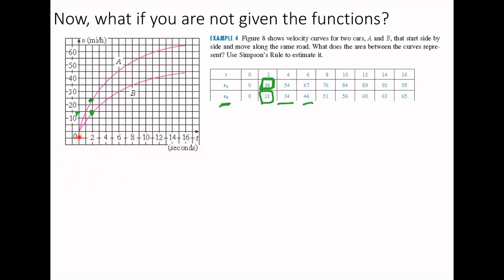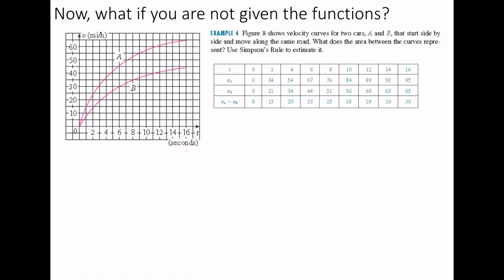We would have 0 times a coefficient of 1 for this y value, coefficient of 4 for these y values, coefficient of 2, 4, 2, 4, 2, 4, and then a coefficient of 1. And we can do the Simpson's Rule for car A minus the Simpson's Rule for car B. But if you think about it, a quicker way to do it would be just to make this nice little column and then only have to use Simpson's Rule once.